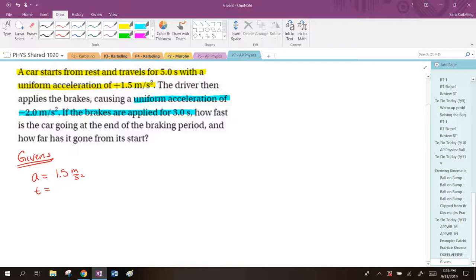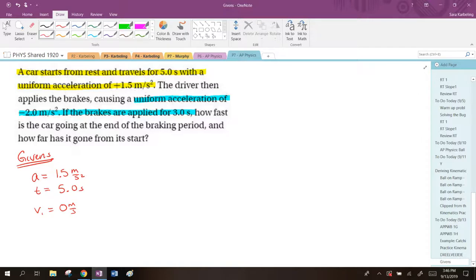I've got a time. How long does that last? 5 seconds. Cool. Do I know anything else in that yellow part? It starts from rest. What does that mean? Yes. Fantastic.